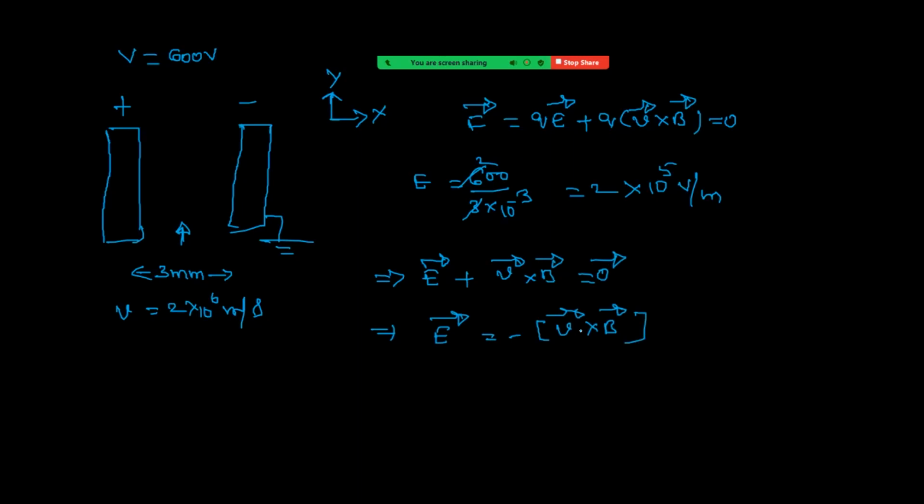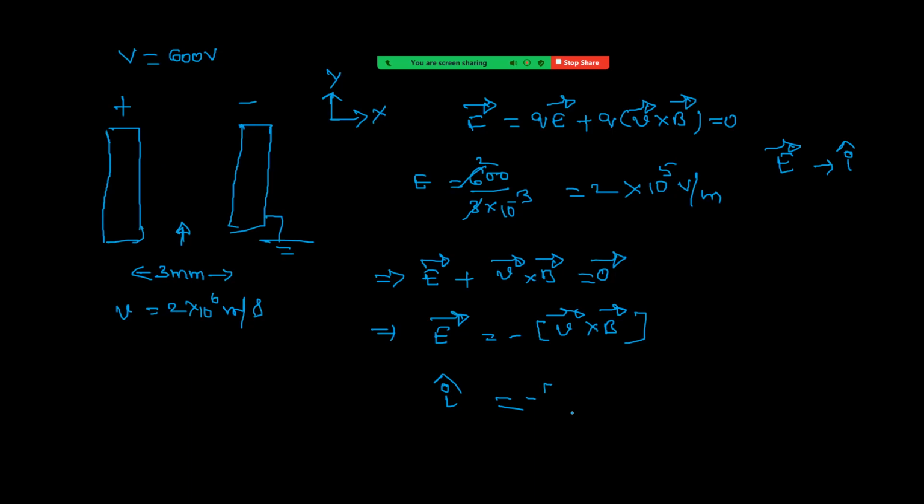Now you can see in the diagram the direction of the electric field. It is from positive plate to negative plate. That means it is along the positive x-axis, meaning i cap.